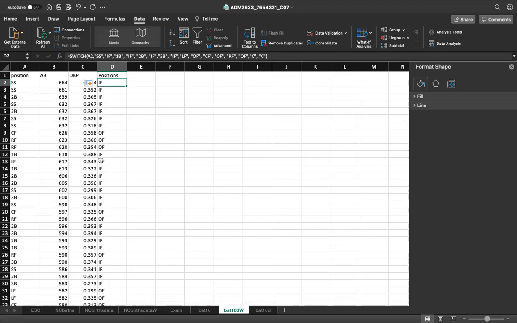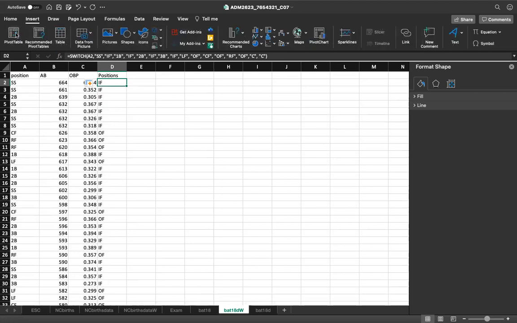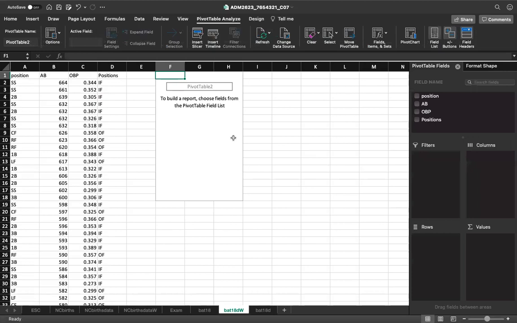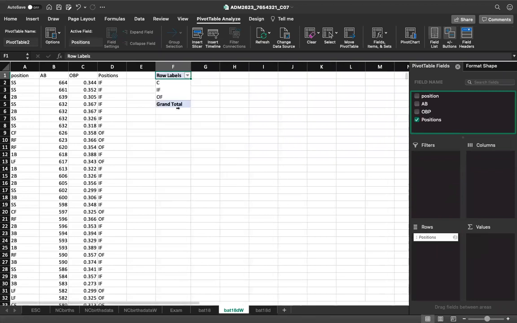So let's create the pivot chart to generate our table. The existing worksheet, we just place it right next to it. Say okay. We want to have positions. There are three positions: catcher, IF, and OF. We want to have on-base performance.